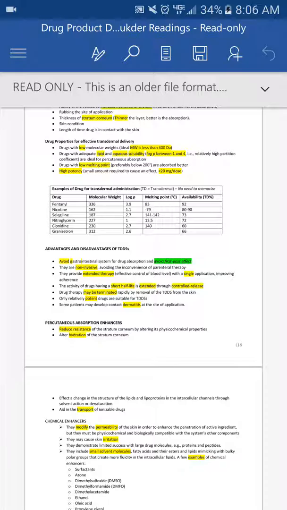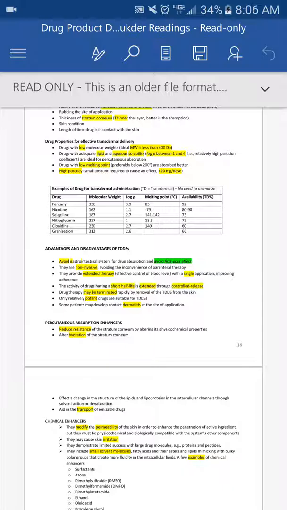Drugs with low molecular weight, so the ideal molecular weight is less than 400 Daltons for transdermal. Drugs with adequate lipid and aqueous solubility, so log P between 1 and 4. Relatively high partition coefficient is ideal for percutaneous absorption.